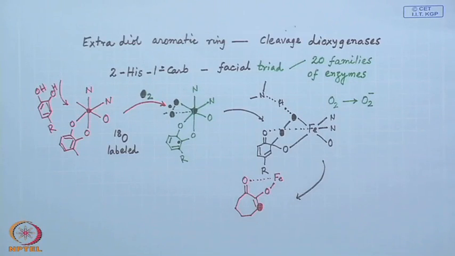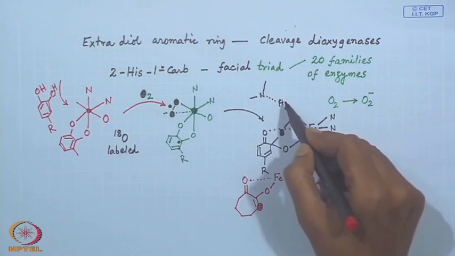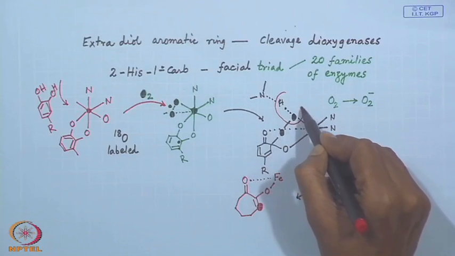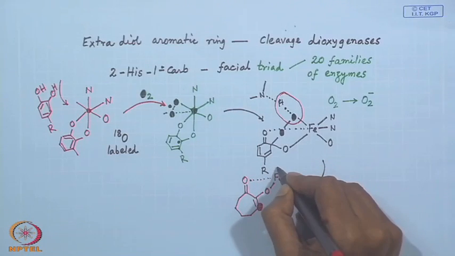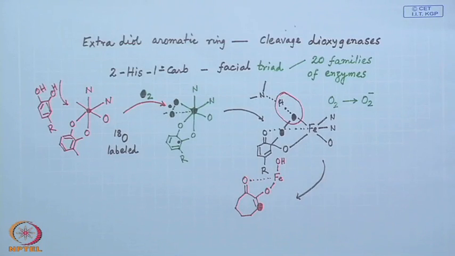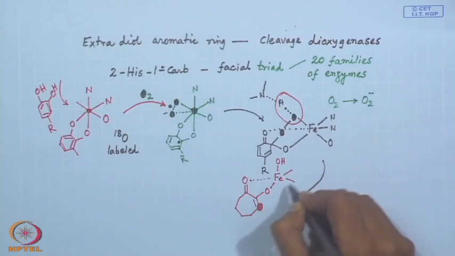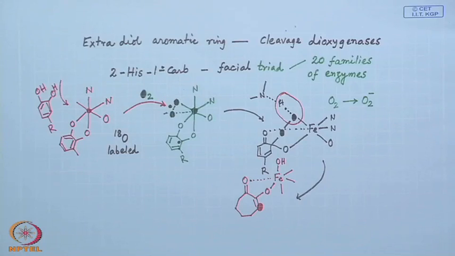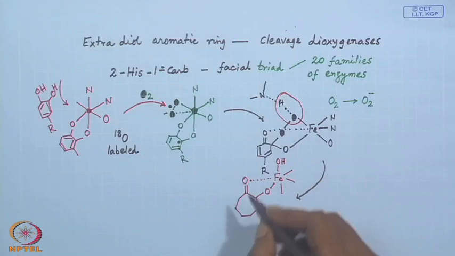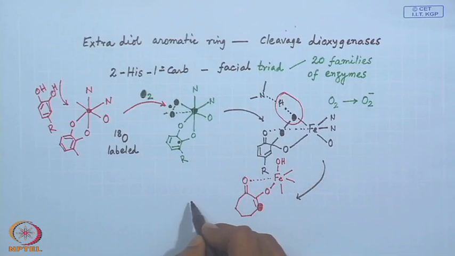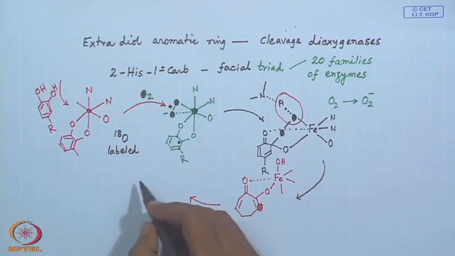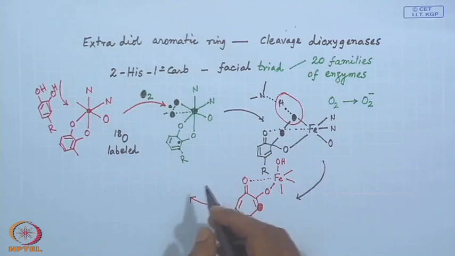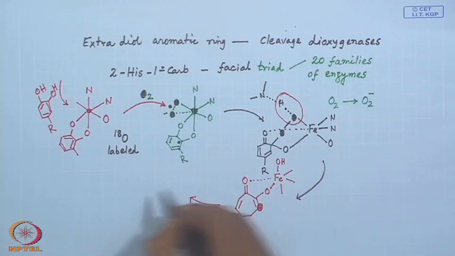This oxygen is there, and this O, if you consider these two, will now be your OH bond. So, now you will have one OH group attached to this iron. So, you are leaving behind the other three positions. Then at this last step you have the ring opening now.